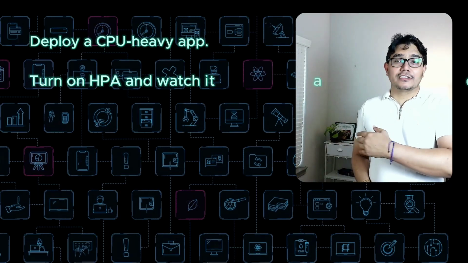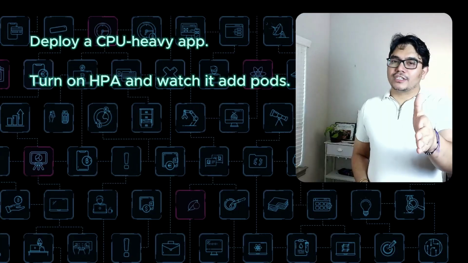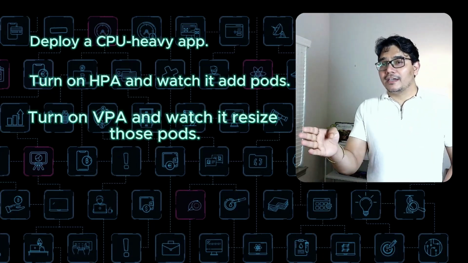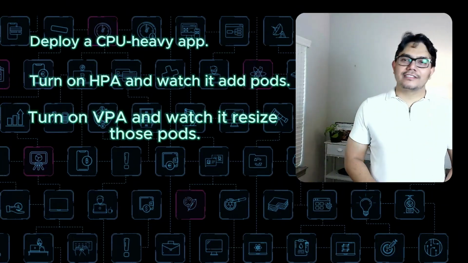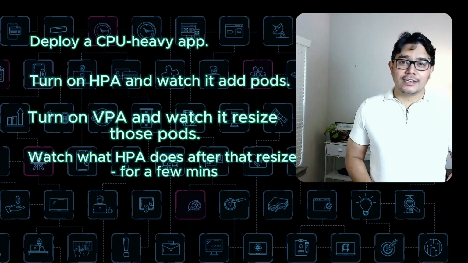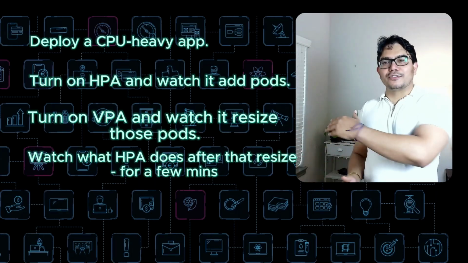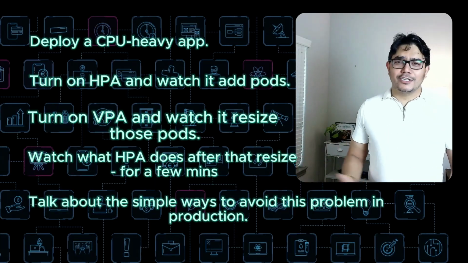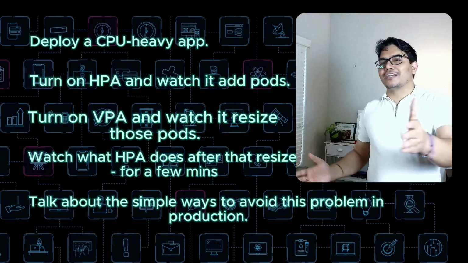Second, we will turn on HPA and watch it add pods. Number 3, we will turn on VPA and watch it resize those pods. Number 4, watch what HPA does after the resize for a few minutes, not just a few seconds. And then number 5, talk about the simple ways to avoid this problem in production.